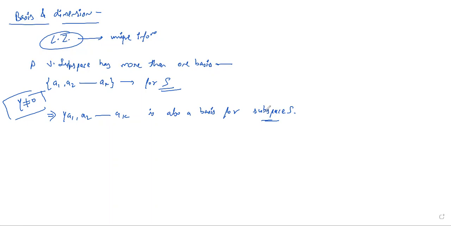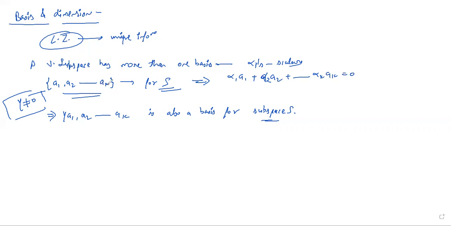We have already said that a1, a2 to ak is the basis. If I write it as a linear combination for the scalars alpha i's, alpha 1 a1 plus alpha 2 a2 to alpha k ak equals 0.